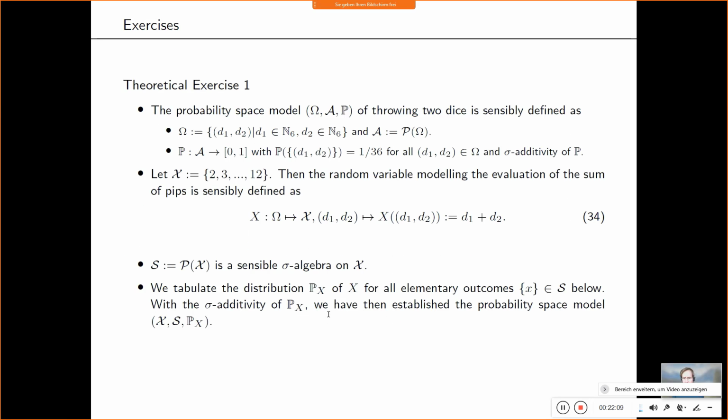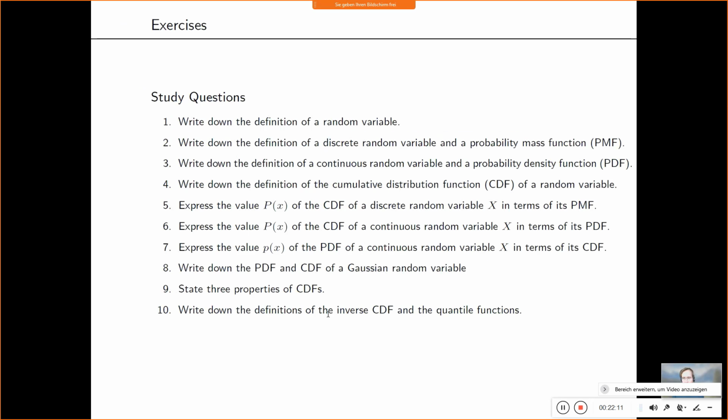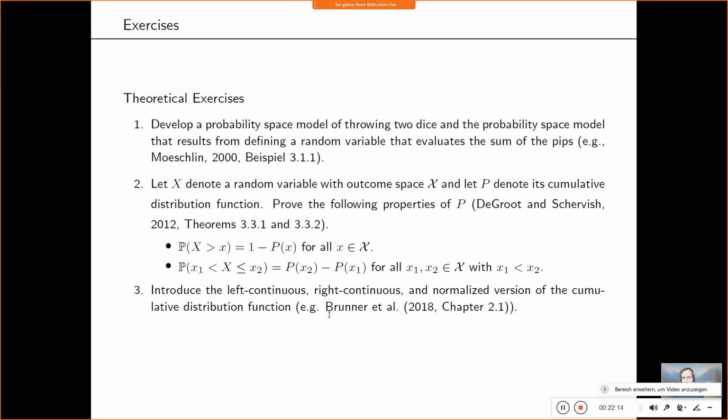Good. So the last thing that I want to mention in terms of CDFs is the notion that what I introduced here, the right continuous version, is not the only version of CDFs that you might encounter.